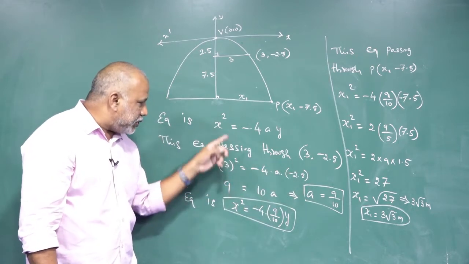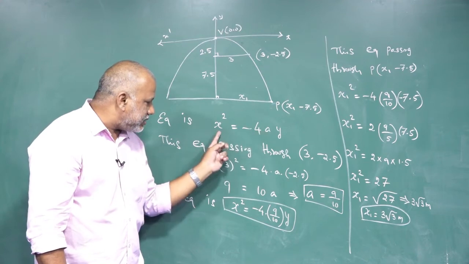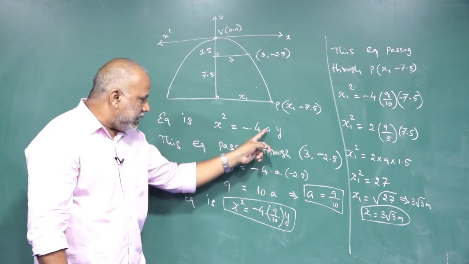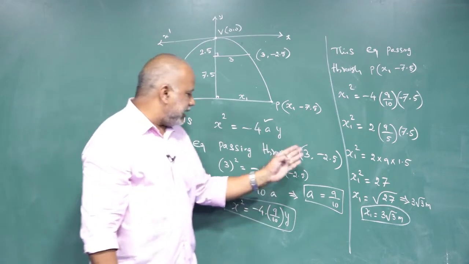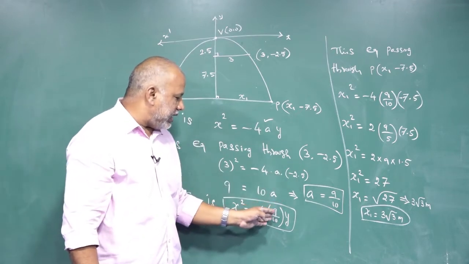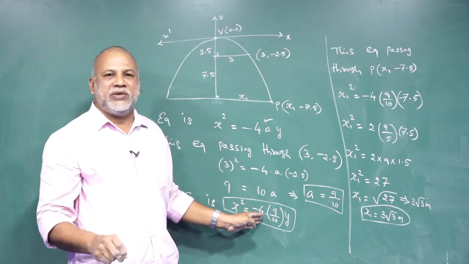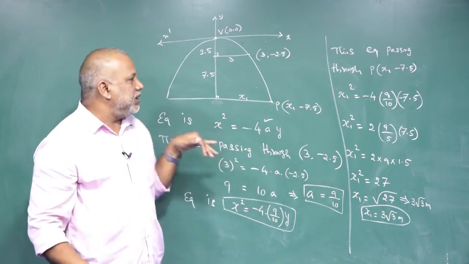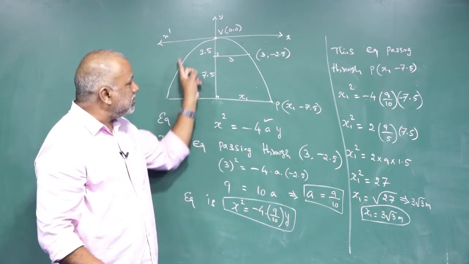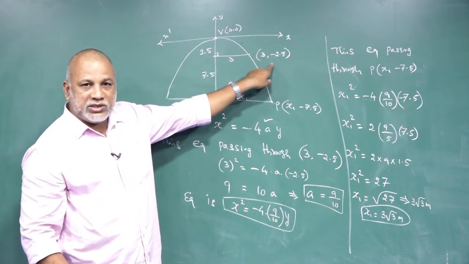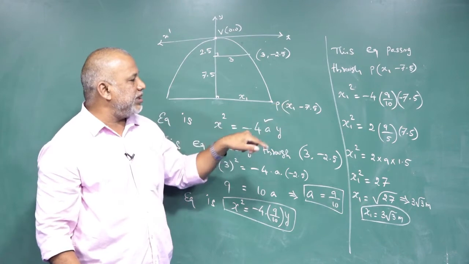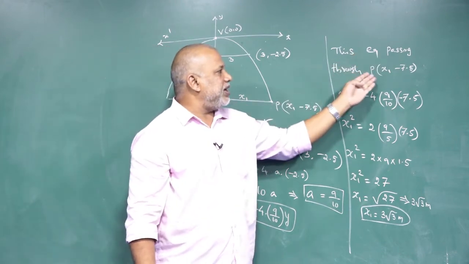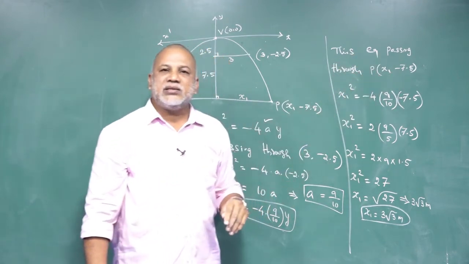Then substitute once again, replace this a. See here, x squared equals minus 4 times 9 by 10 times y. No need to simplify here. Finally we simplify this equation. This equation first passes through this point, after that passes through the point P(x1, -7.5).